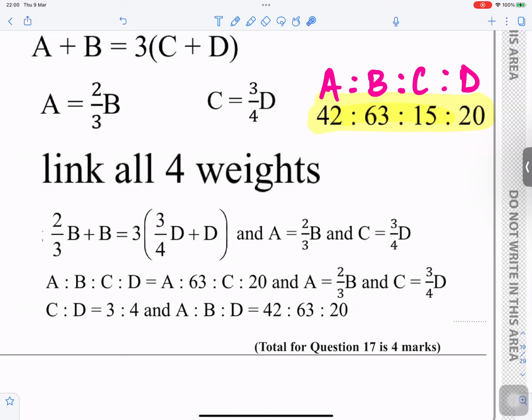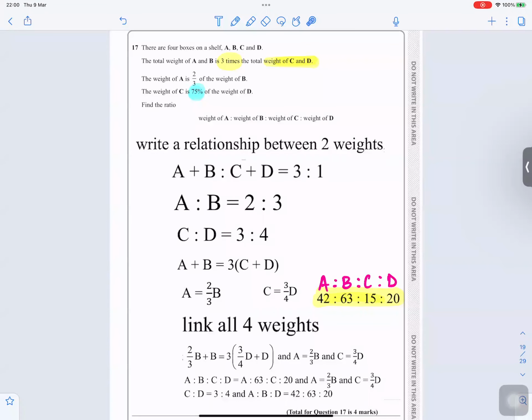And from there, C is to D is 3:4. And then A, B and D will give us 42, 63, and 20. So that's all of question 17.